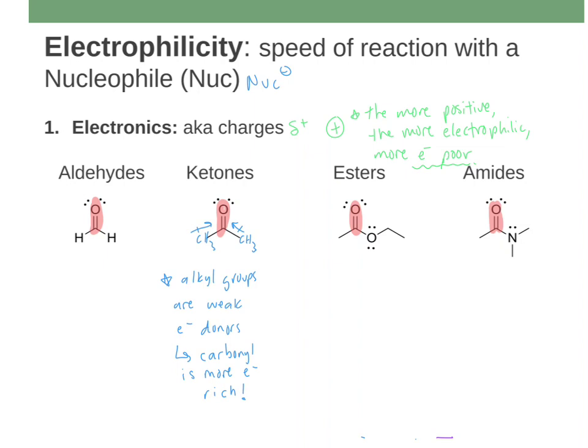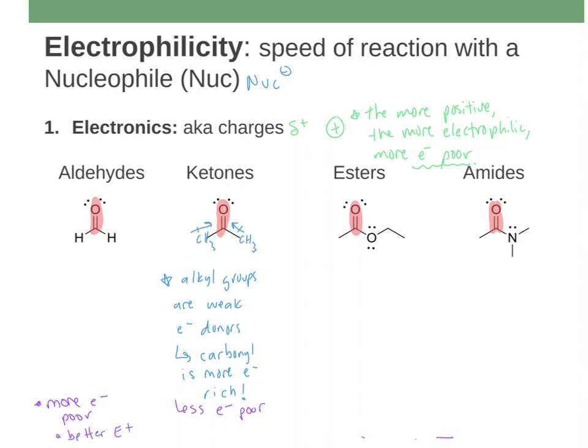So if I compare all aldehydes and ketones, all aldehydes are more electron poor. Ketones are less electron poor, right? Because they have electrons being donated into them, which means that aldehydes are better electrophiles.